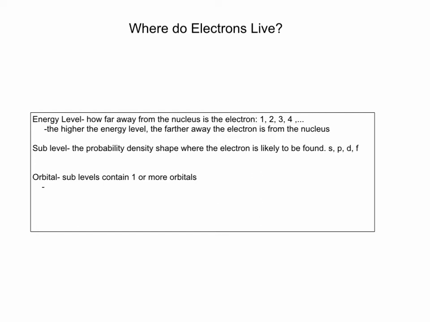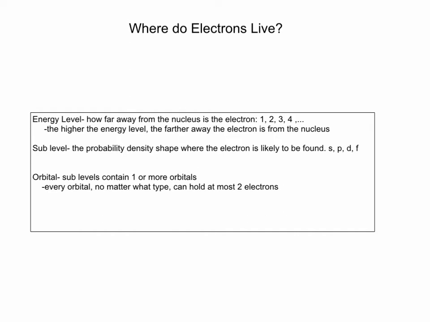Also, every orbital, no matter what type, meaning S, P, D, or F, can hold at most 2 electrons. So it doesn't matter what type of orbital we have, every orbital can only hold up to 2 electrons.